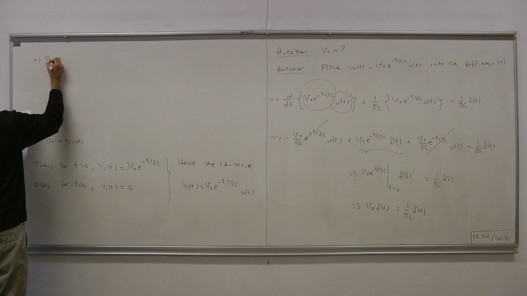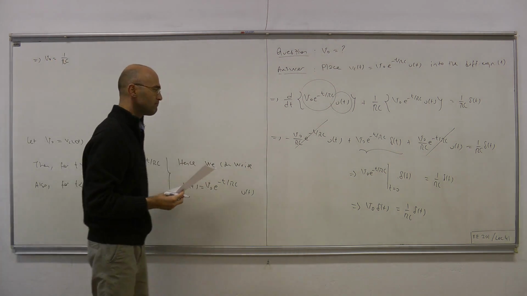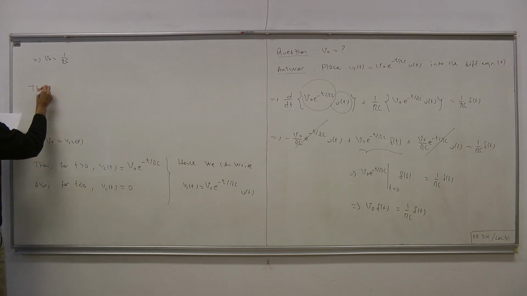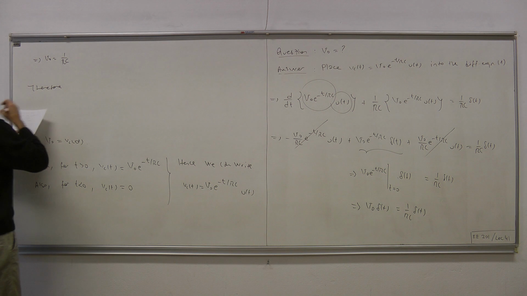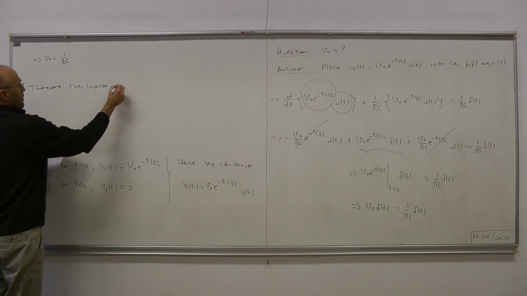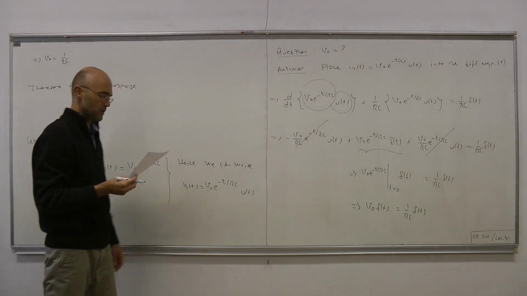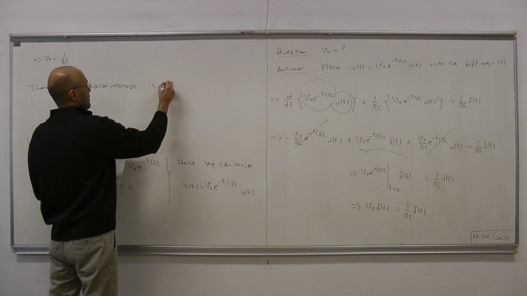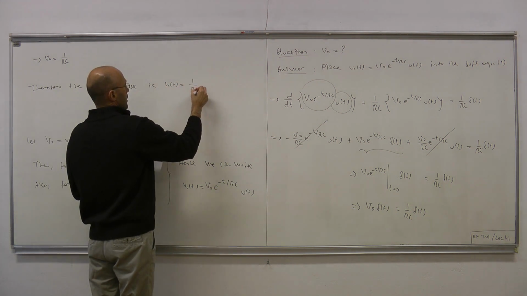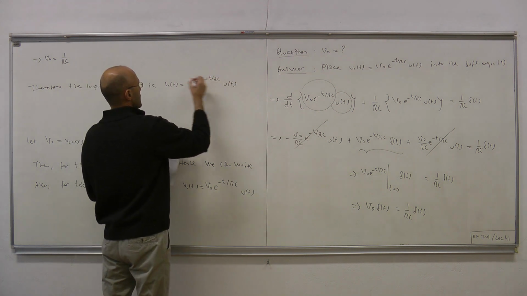Therefore, V0 must be 1 over RC. Therefore, the impulse response, which we obtain directly from the differential equation, is h(t) equals 1 over RC e to the minus t over RC times step u(t).